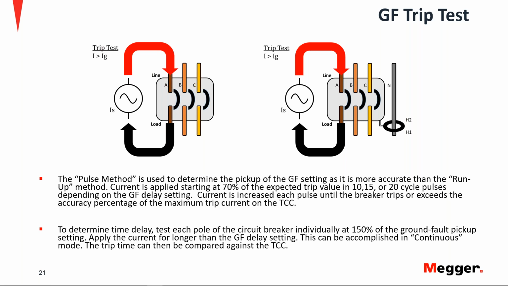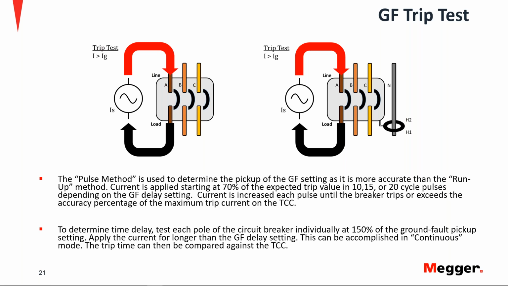You start injecting in that range, but you do a continuous injection, right? So you have your instrument, you start the injection, and of course you have manual control of that current, and you can slowly go up until the breaker trips. And whenever the breaker trips, that's your pickup value.